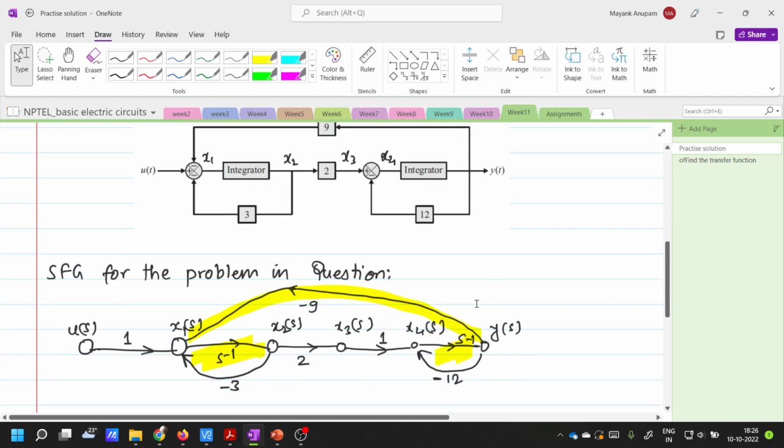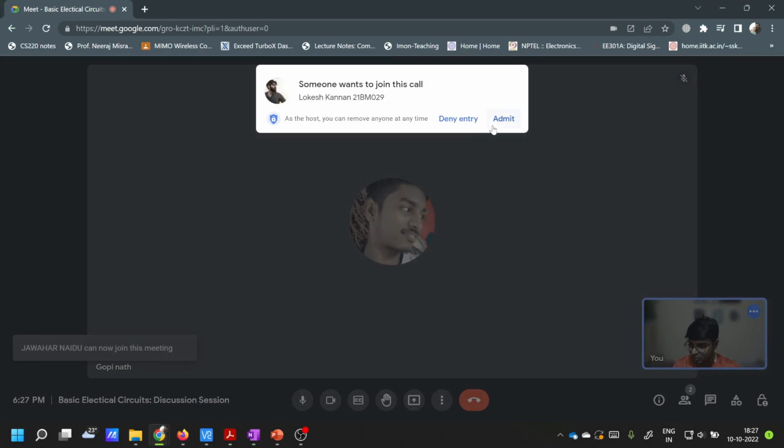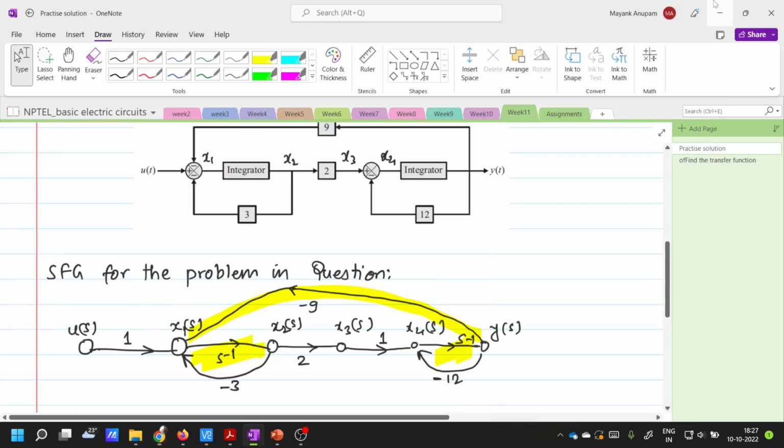Okay, now for this particular question, what will the signal flow graph look like? For all the signal points, like u of t, x1, x2, everything, they have to be represented using these circles.